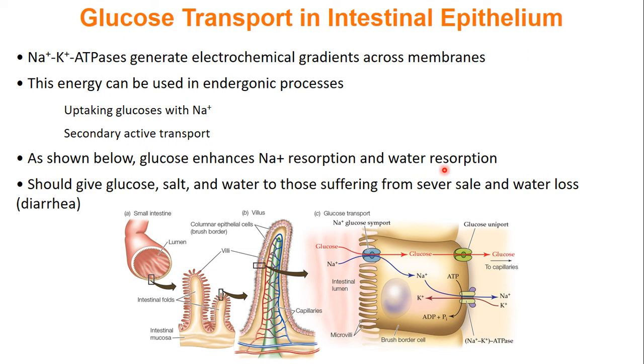So water reabsorption goes a lot faster if you have glucose salt in water, and it's mainly due to this system where I'm bringing glucose and sodium in at the same time. Glucose goes to my capillaries to make this energetically free, quote unquote. I need to spend energy somewhere. That's where the sodium potassium ATPase comes in.